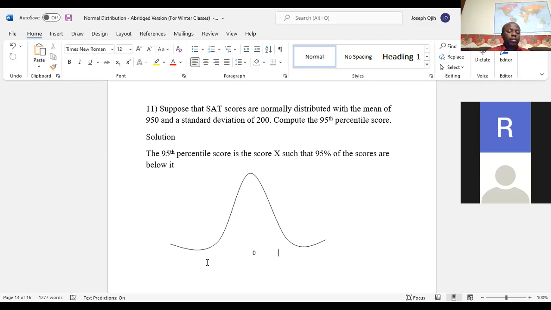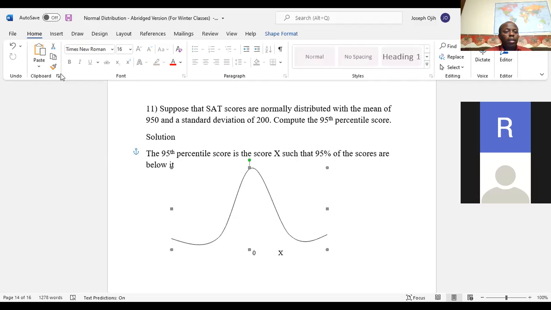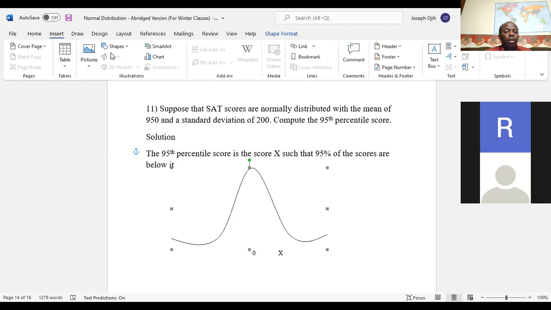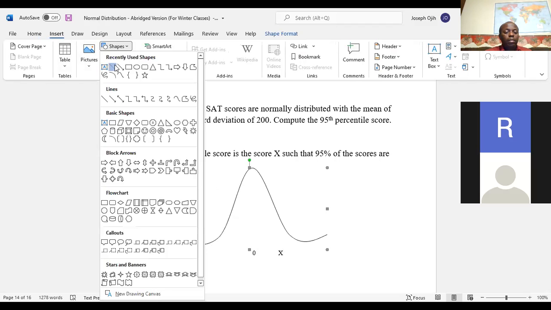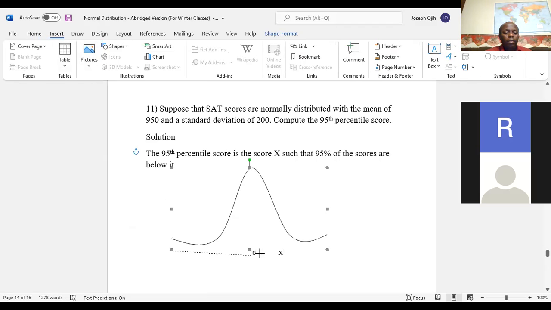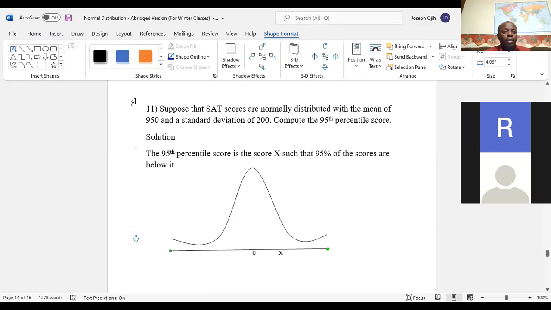So X is what you are looking for. Now you can put your X-axis, and then you have your center line of the mean, and then the 5% score will be here.